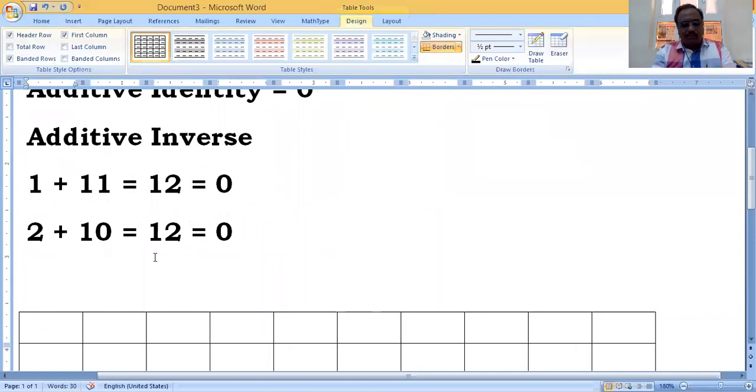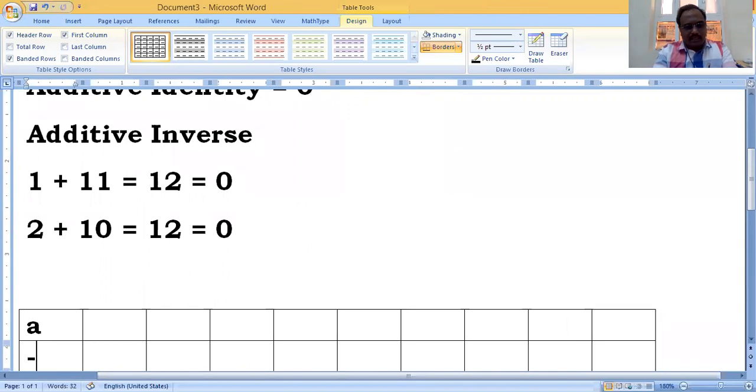For example, I take the number as A. Then the additive inverse is defined as minus A. What is the additive inverse of 1? 11. So 11 plus 1 is 12. When I take 2, the additive inverse is 10; 10 plus 2 is 12.